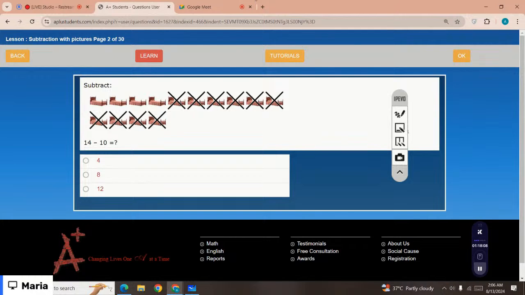You need to count the beds that are not crossed, right? That would be 14 take away 10. So 1, 2, 3, 4. 4 of them are not crossed. So the correct option is 4. Got it?